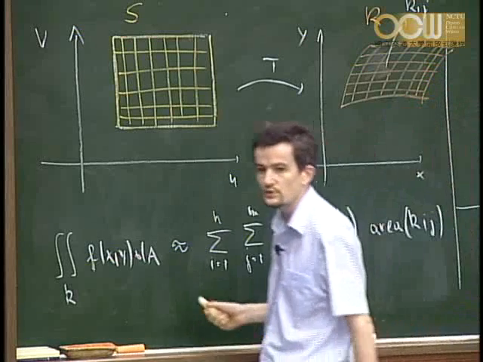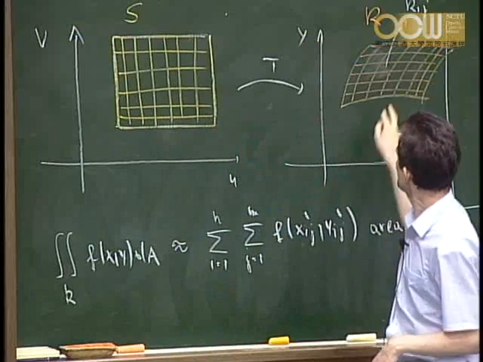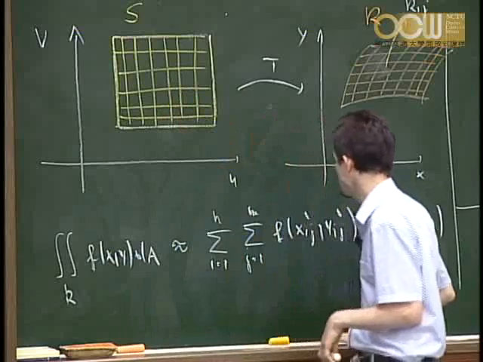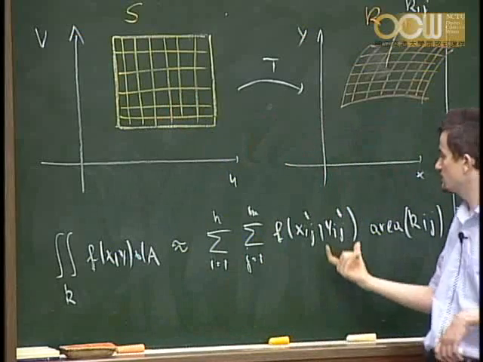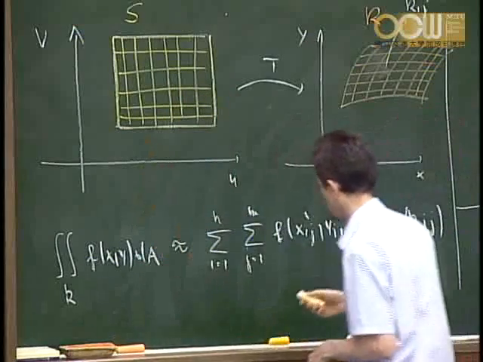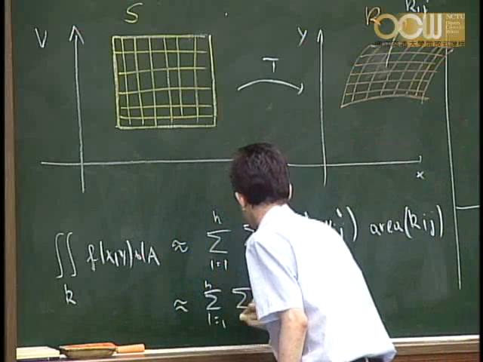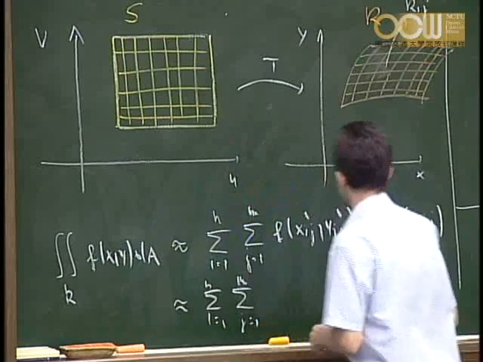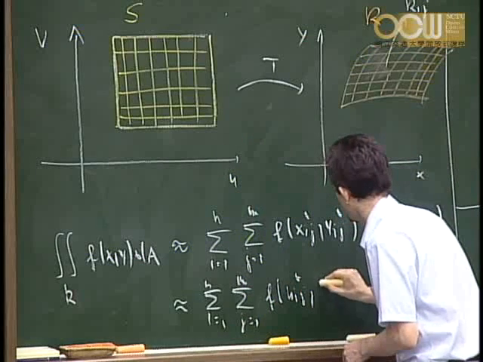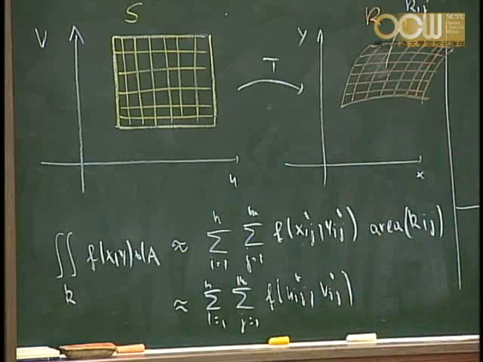And now we can use our mapping. We replace this sample point, which we choose here, by the corresponding sample point which we choose here. And we use our mapping T to replace those two sample points by new sample points in the UV plane. So we have f of a new sample point, u_ij star and v_ij star, obtained via our transformation.